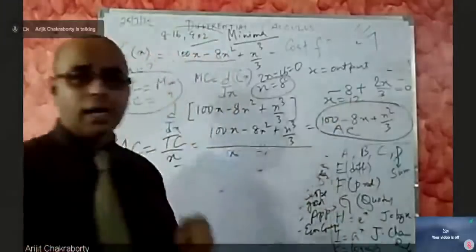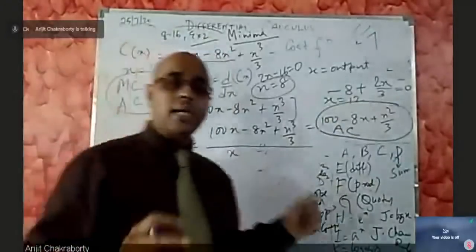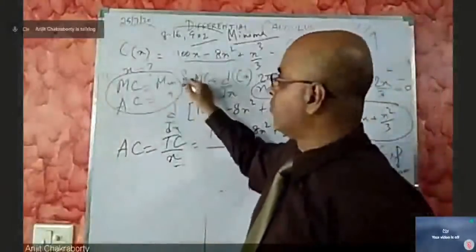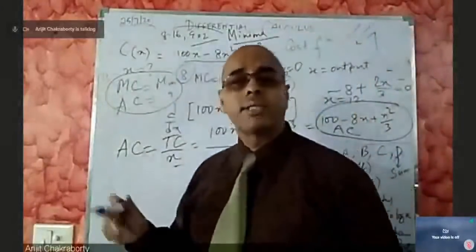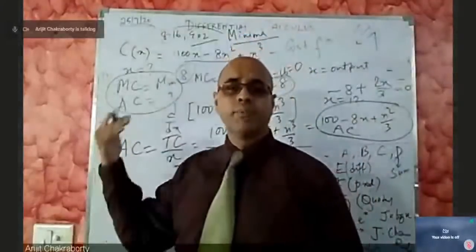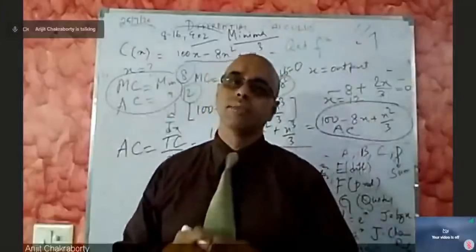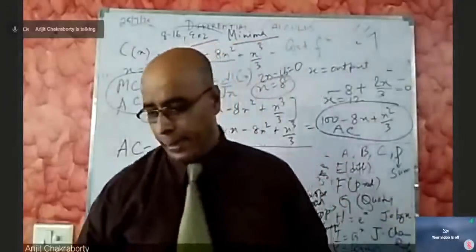That means the answer to this question is when x is 8 units, then marginal cost is minimum, and when x is 12 units, when the company is producing 12 units, then the average cost is minimum. Okay.